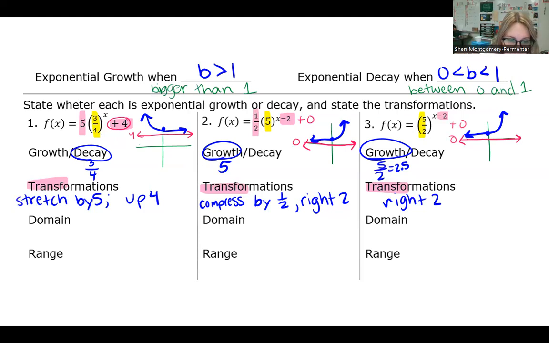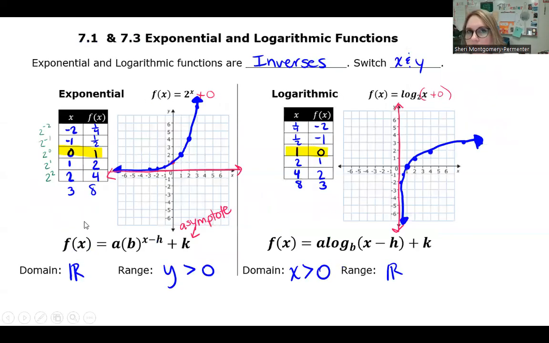So the domain is all real numbers, because our graph goes on forever in both directions. It doesn't really matter how you adjust your graph. It will always be all real numbers for the domain for an exponential.